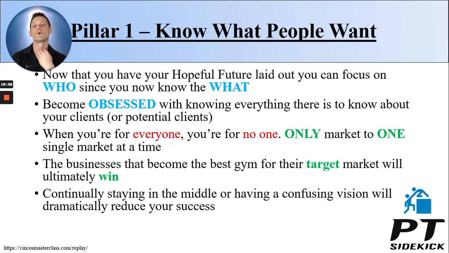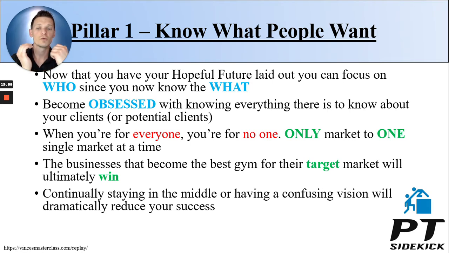So pillar 1 is knowing what people want. Now that you have your hopeful future laid out, you can focus on who, since you now know the what. You have to start becoming obsessed with knowing absolutely everything there is to know about your clients or your potential clients.